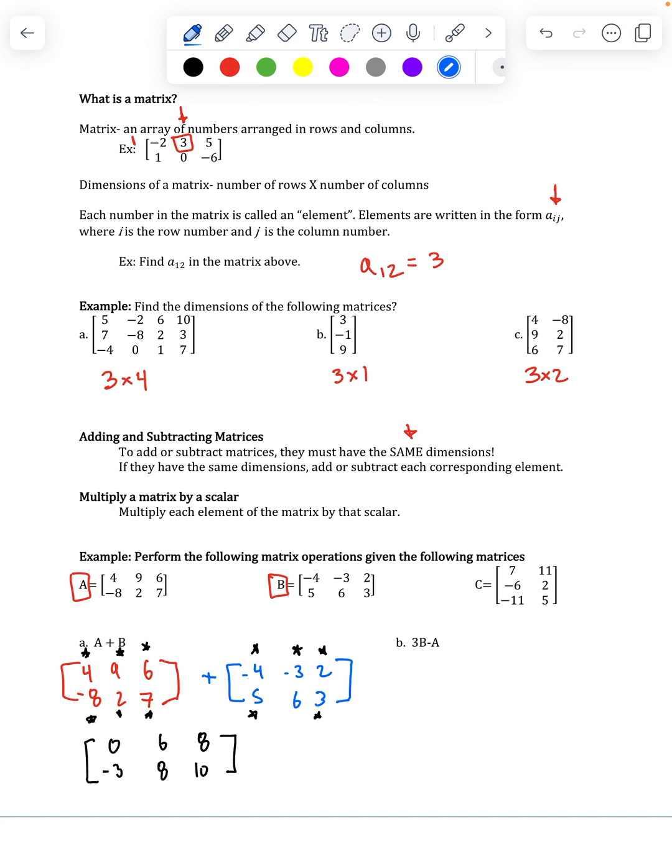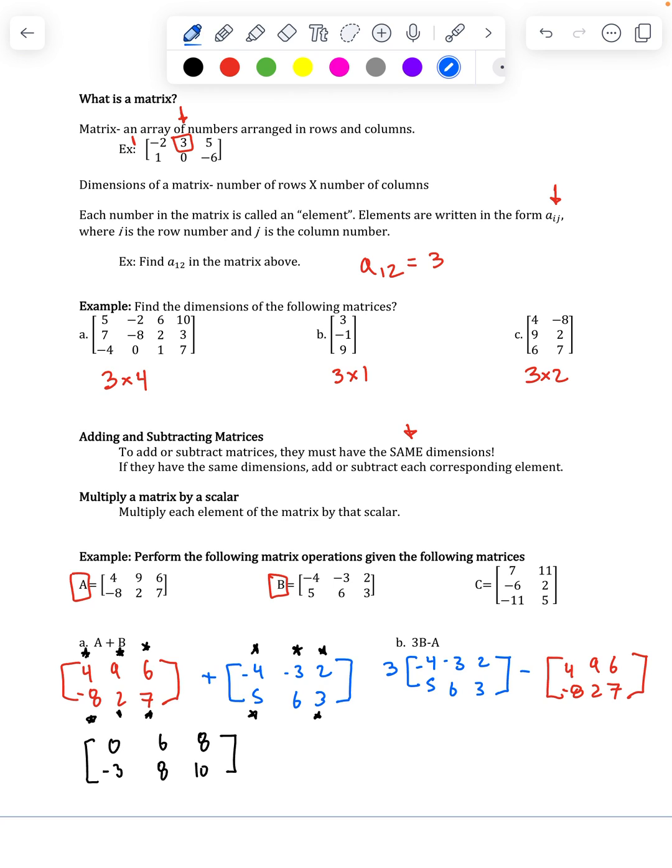If I say 3 times B, so -4, -3, 2, 5, 6, 3, minus, again, I'll do A in another color just to denote the difference: 4, 9, 6, -8, 2, 7.